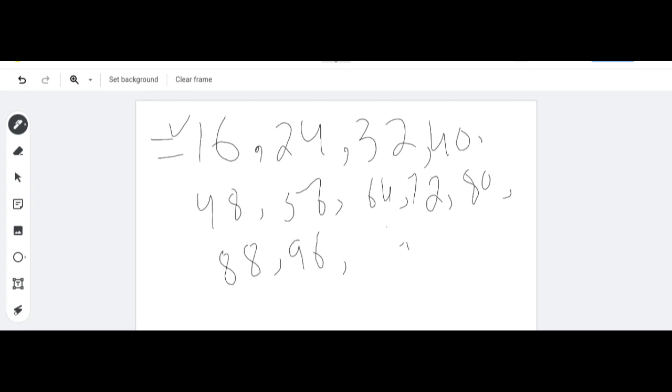So what do factors say? Factors say that for a given number, only one number, the factor is an exact divisor of that number. In multiples we have two numbers whose product is exactly a multiple of the given number.